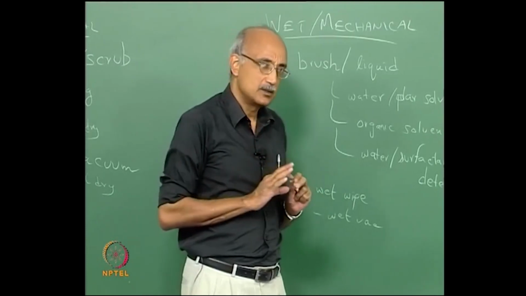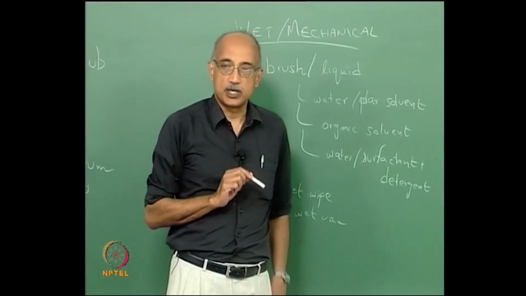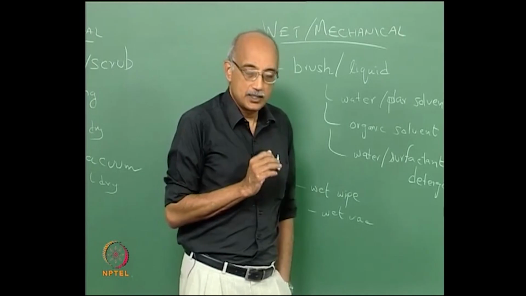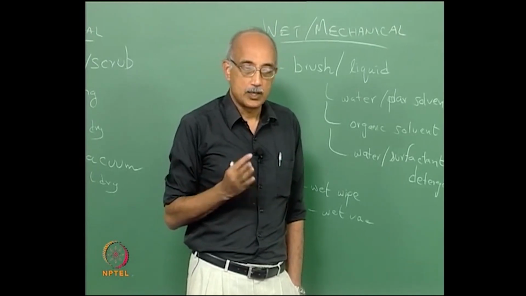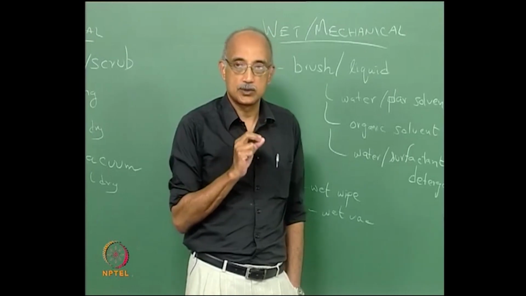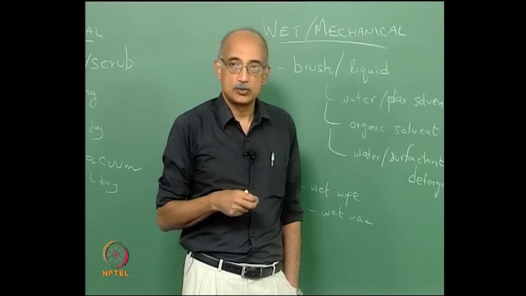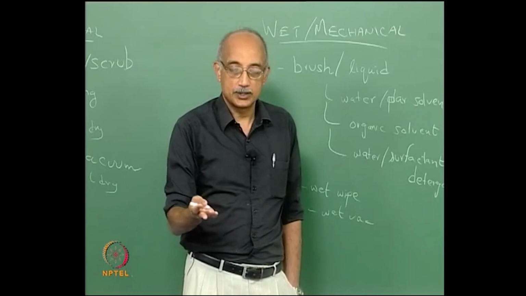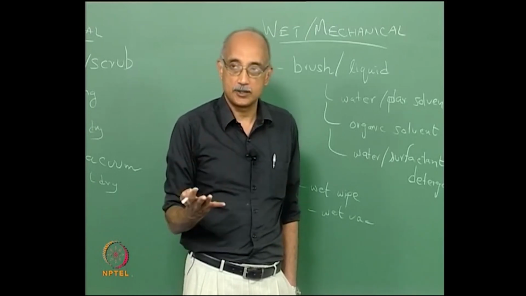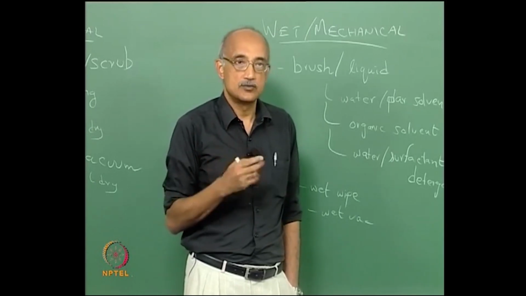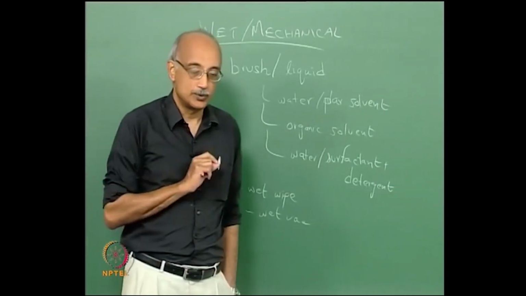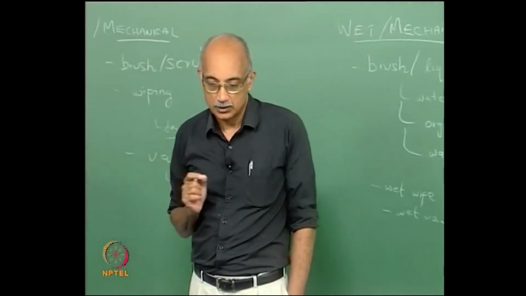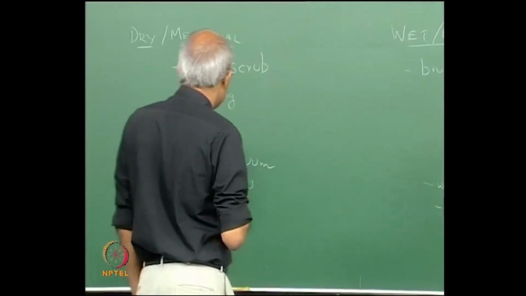So, vacuuming, by definition, is a simple process, but it is not that easy to implement in high volume manufacturing, because unless you have perfect controls over the process, you may be removing visible dirt, but you may be generating 1,000 times as many fine particles. That is a penalty you pay when you are using a purely vacuum based particle removal process.